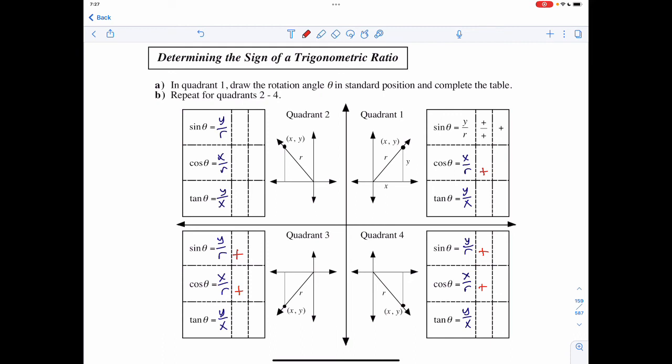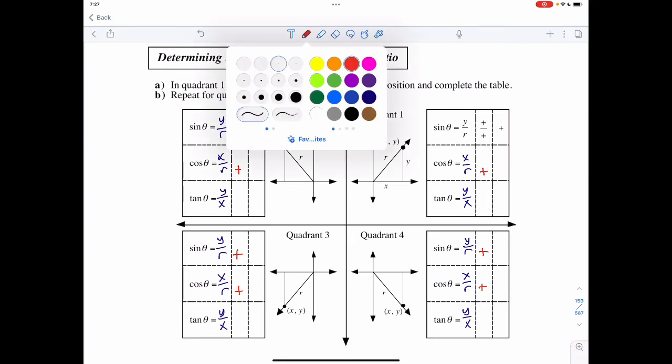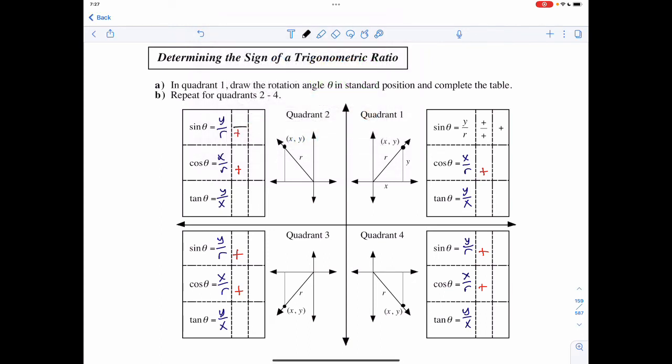We also know that in quadrant 1, both x and y are positive. So the nice thing about quadrant 1 is that everything is positive. And a positive divided by a positive is always a positive.